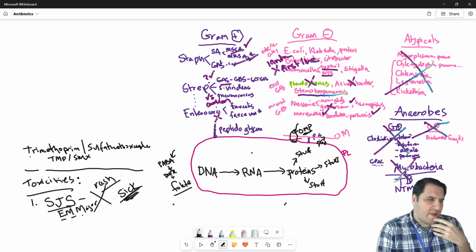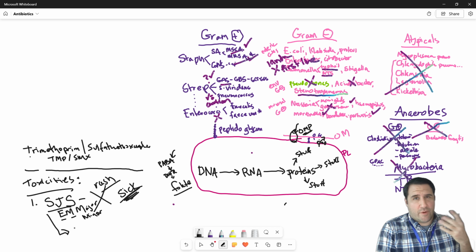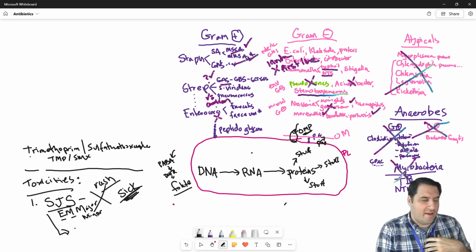If you just have a skin rash, then it's erythema multiforme minor. With Stevens-Johnson syndrome, if you have less than 10% body surface involvement, that's Stevens-Johnson syndrome, and more than 30% is a different process called toxic epidermal necrolysis, or TEN.